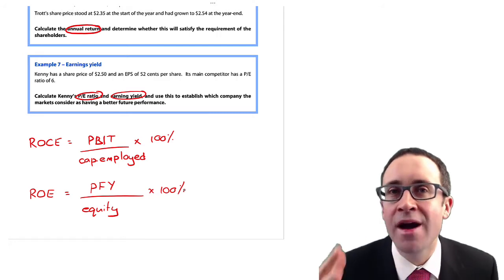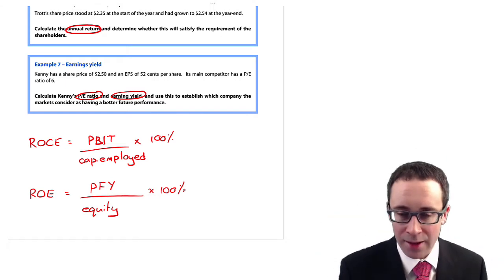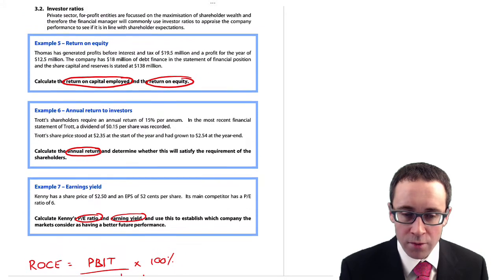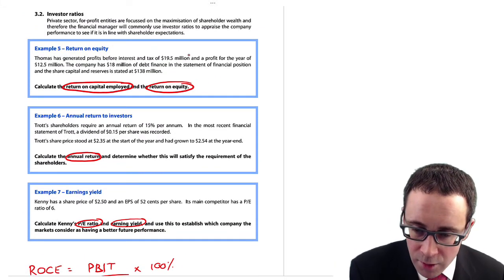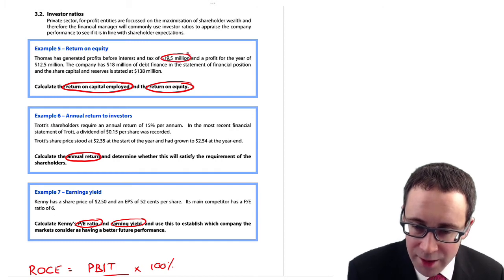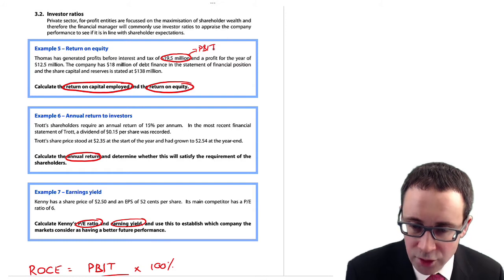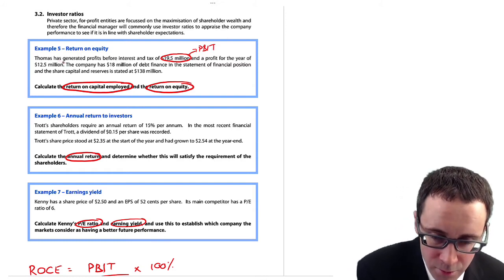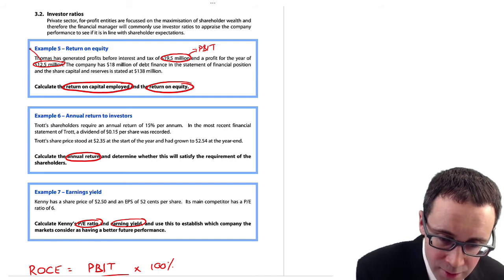Yeah, read the question very carefully, because if you don't, you'll calculate the wrong thing. So what you've got there, you can see that we're given two figures. We're given 19.5 million. Is that your profits before interest and tax? We also have 12.5 million.